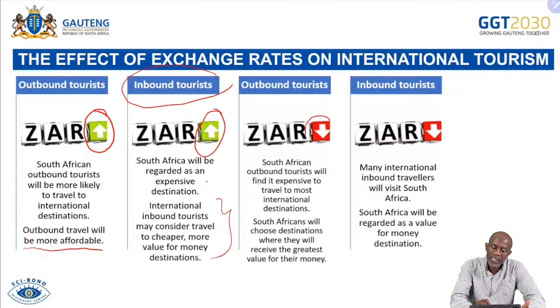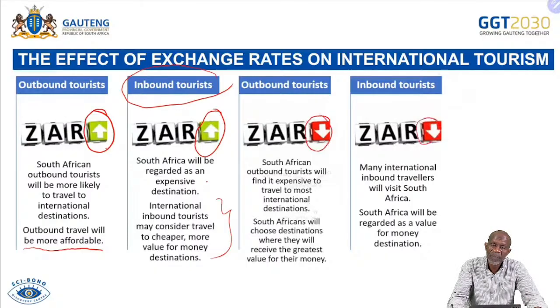When the rand is weak, let's look at the two scenarios. South African outbound tourists will find travel expensive when they want to travel to international destinations. So when the rand is weak, it means you are going to buy less foreign currency and you'll find things in those countries very expensive. South Africans will choose destinations where they will receive the greatest value for money.